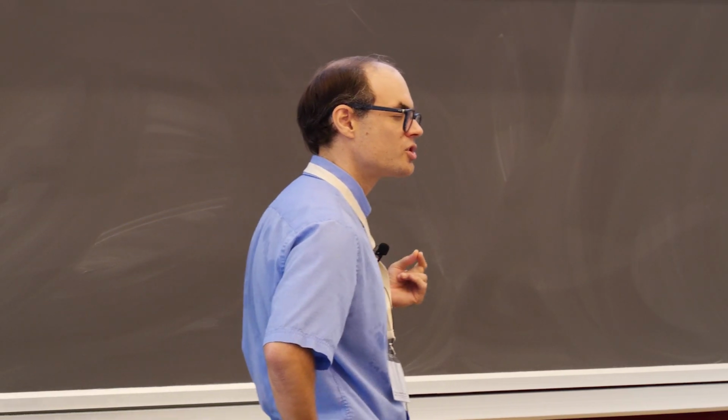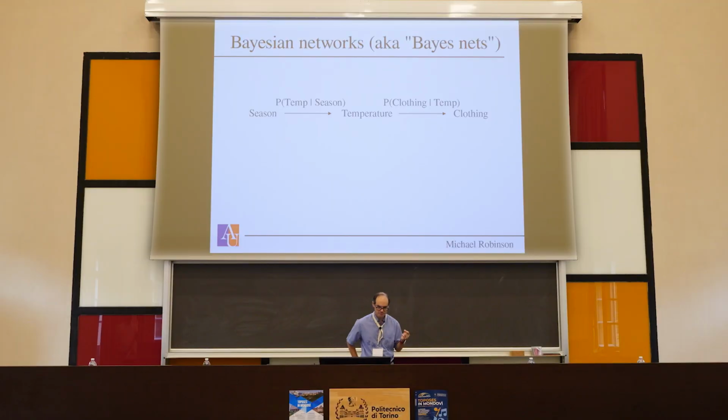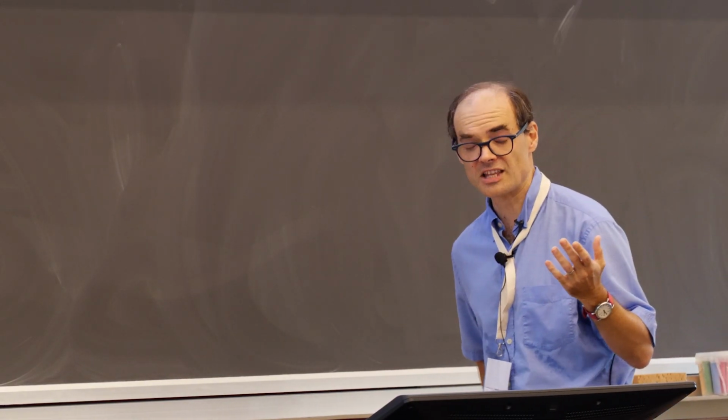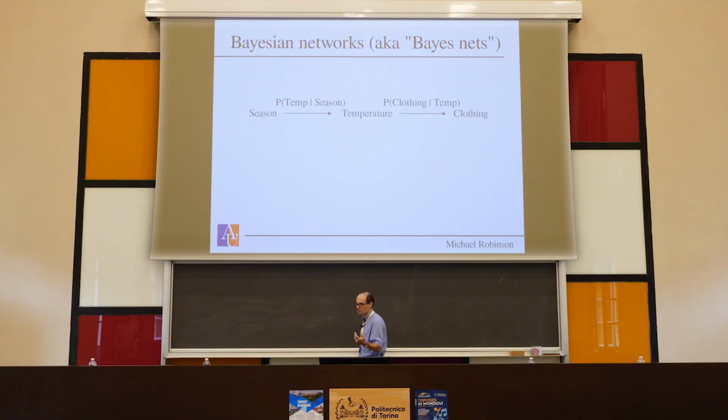Each of the objects correspond to random variables. So for instance, the season, or the temperature, or what choice of clothing you've made. And the morphisms get labeled with conditional probabilities. Given that the season is whatever it is, given that the season is late summer, what would we expect the temperature to be?